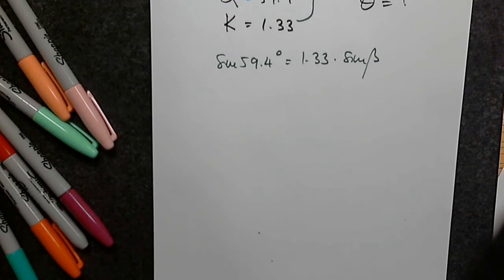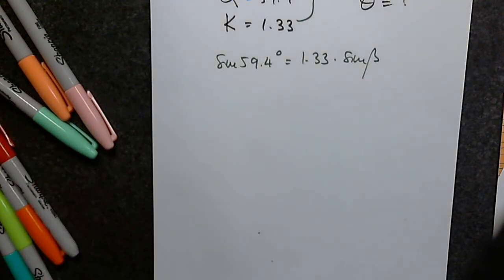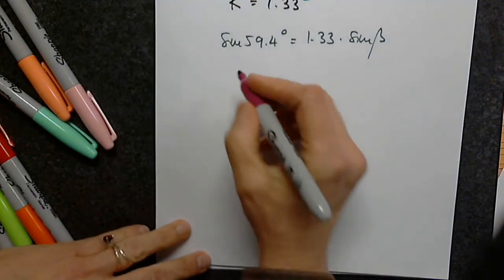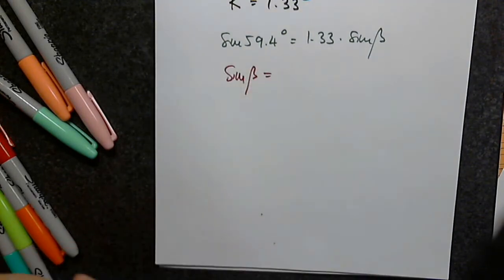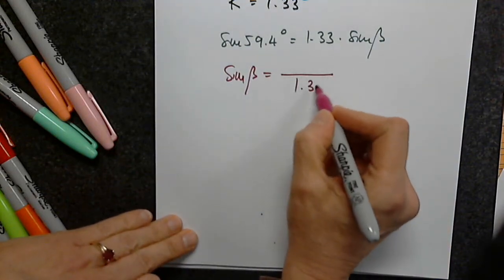In my opinion, this problem should not be in this section. You'll see in a moment why. Good, so in order to find sine beta, I will have to divide both sides by 1.33.